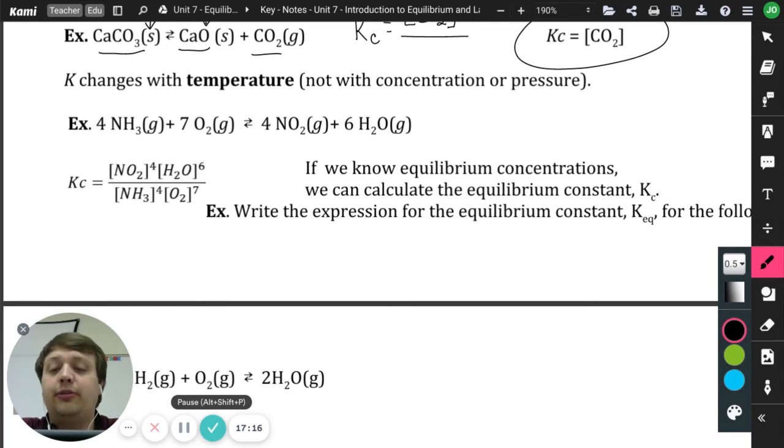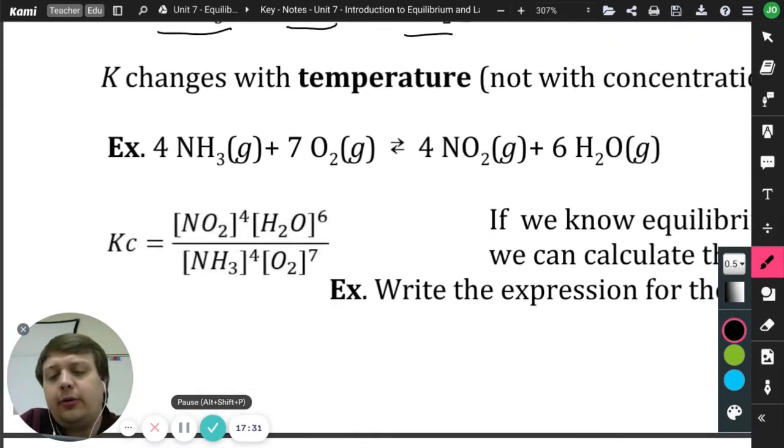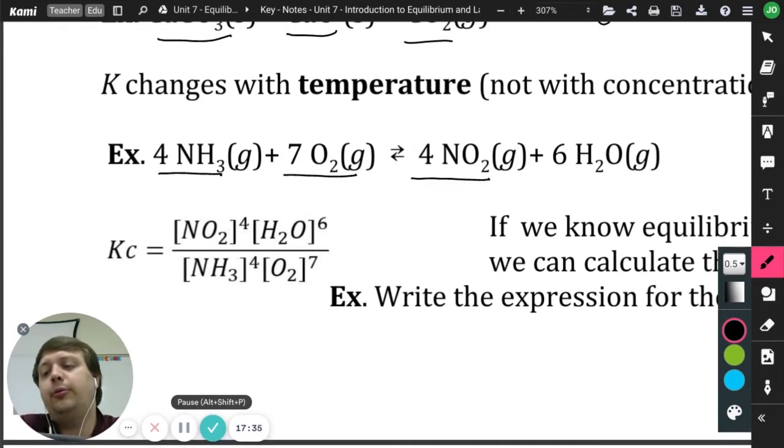What they want us to do is write the expression for the equilibrium constant, which remember could be Keq or Kc or just K. So let's take a look at this. I've got 4NH3, 7O2, 4NO2, and 6H2O.